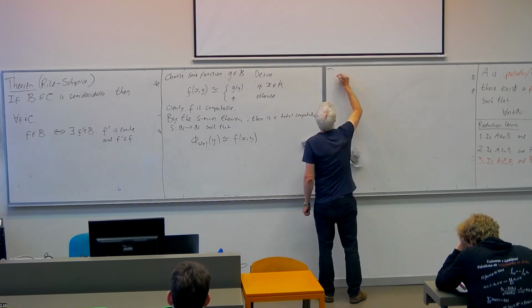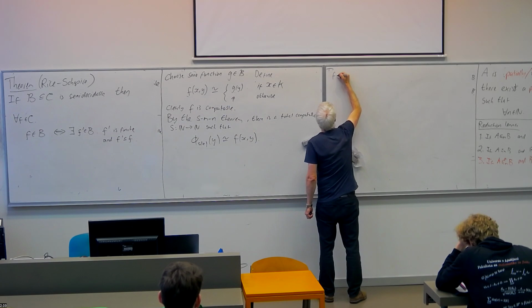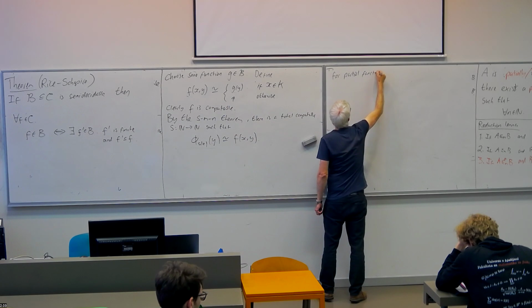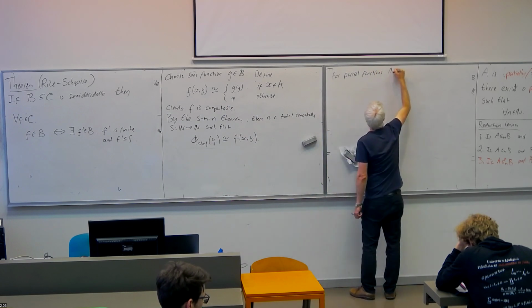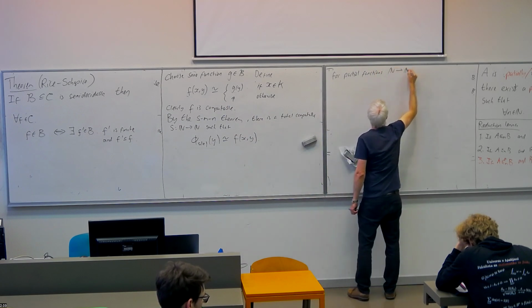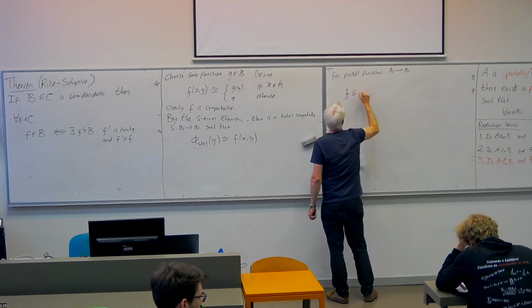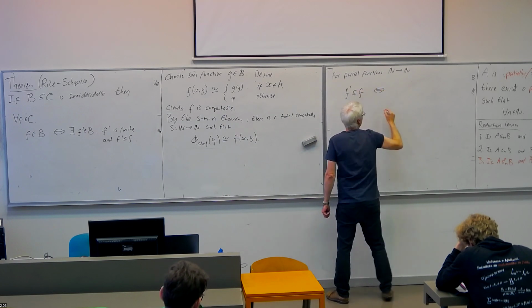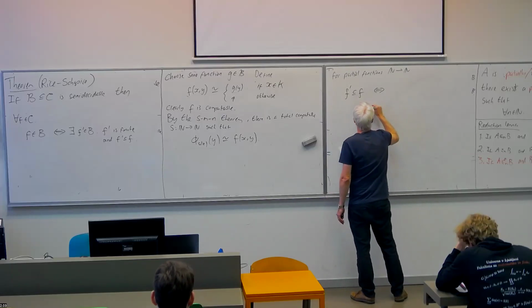So for partial functions from natural numbers to natural numbers, write that f' is a subfunction of f. That's simply all natural numbers.